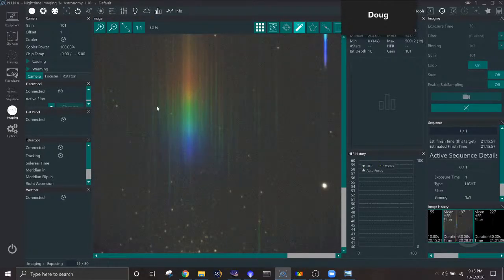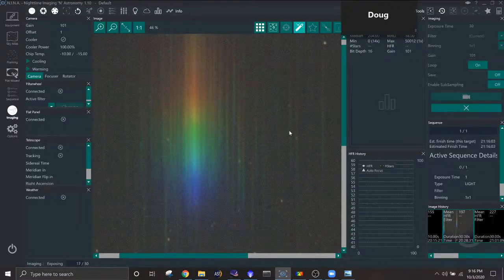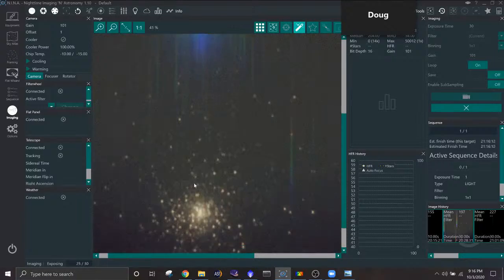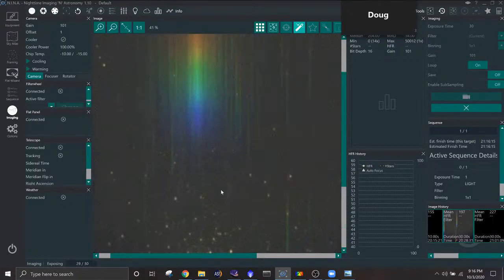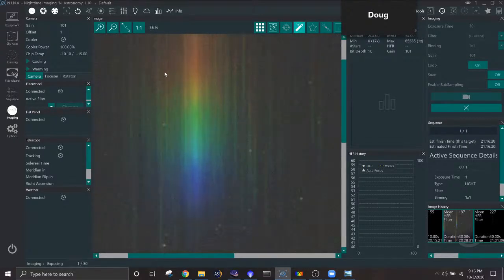In general, you can see these are main sequence stars. There's not anything particularly interesting about them. But generally, we can use this method to try to pick out interesting, peculiar stars in star clusters. You can see the similar pattern in the stars. Most of them are main sequence.